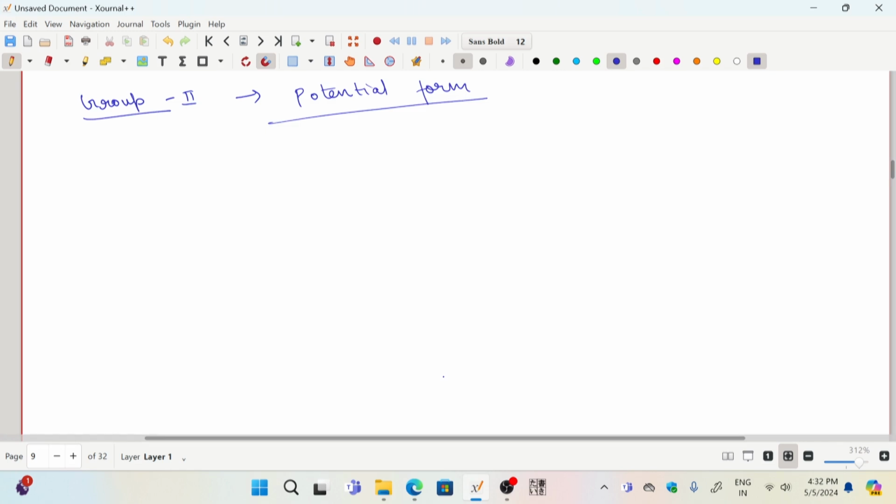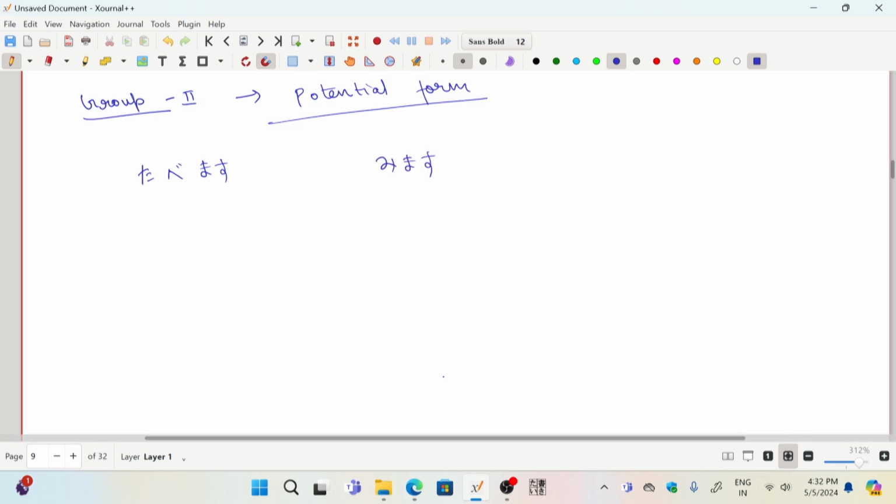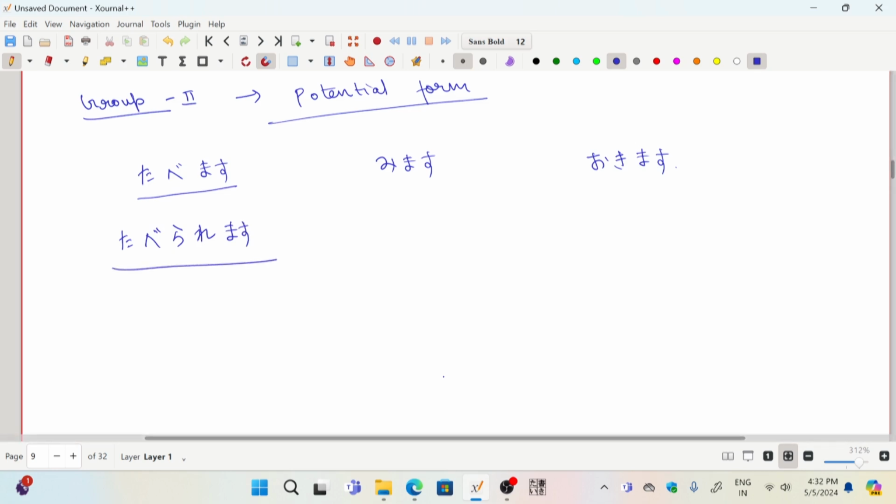So for group second we have tabemasu, mimasu, okimasu, and now we'll cut masu and add raremasu: taberaremasu. It will become potential form.